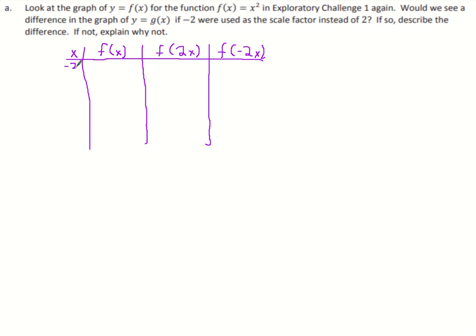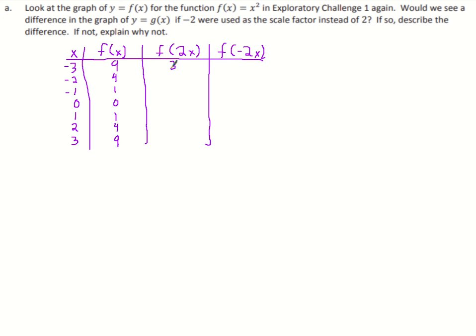So we'll do the same, -3, -2, -1, 0, 1, 2, 3 that we had before. And for f of x, we're going to have 9, 4, 1, 0, 1, 4, 9, just like we had before. And then for f of 2x, if we remember, everything was what we had over here times 4.